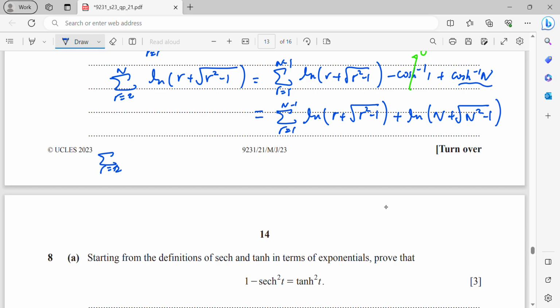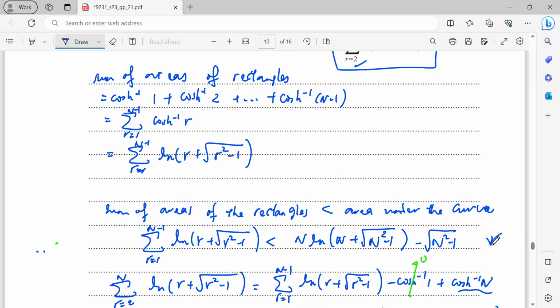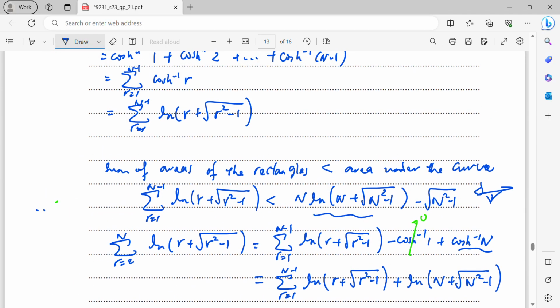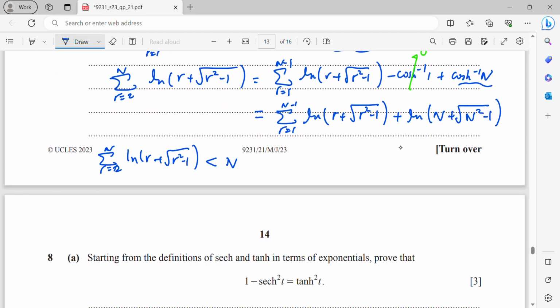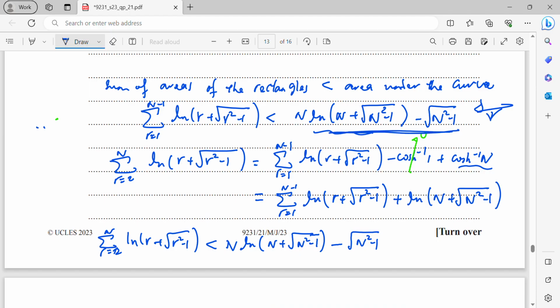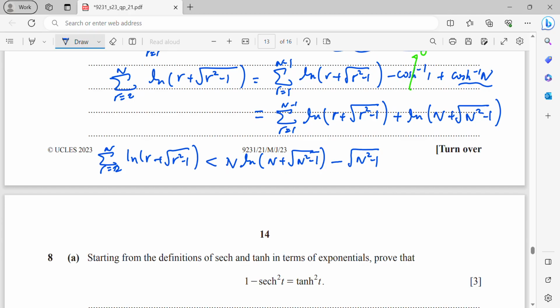Okay, so from here I will say the sum r from 2 until n of ln of r plus square root r squared minus 1 is less than, because we have proven that it is less than here. Alright, from this, copy this part, then minus square root n squared minus 1. Just copy whatever is here. And then here I need to simplify, right? I have one more term.